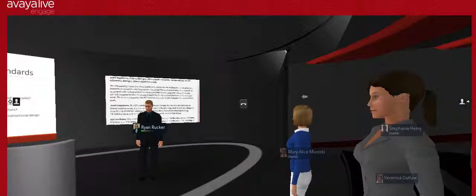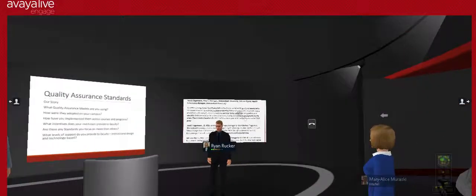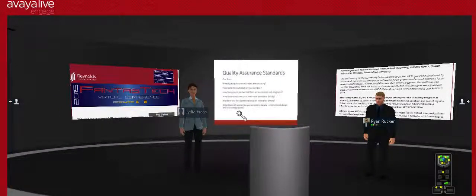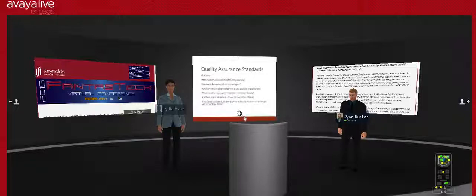All right, so the last question that we would like to close with is, what levels of support do you provide, or does your institution provide, to faculty? Here at USC, we have 2 main offices. We have the CTE, which is what Veronica and I work in, and we do all the pedagogy side of the house.